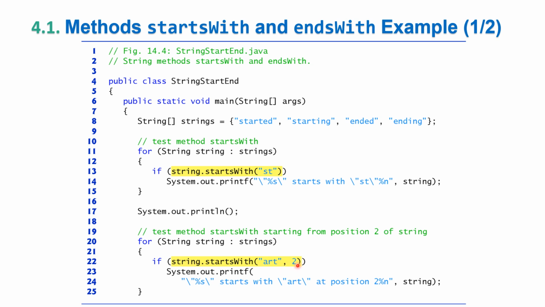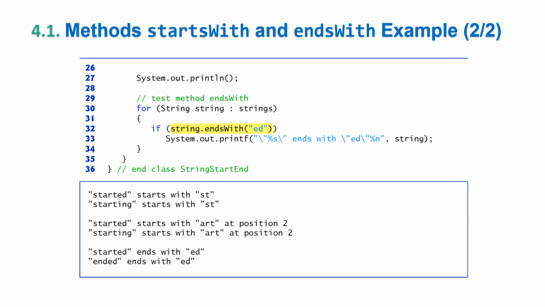This method call only compares the content of the invoking string object starting from index 2 with the first argument, which is the string art. So it returns true if the invoking string object has art at index 2.